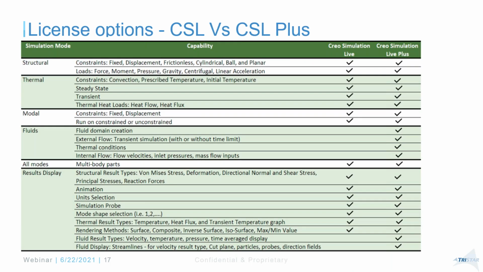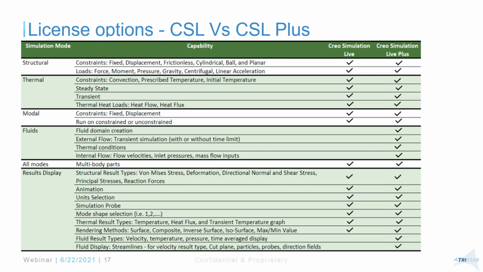Just some of the license options we have. There are two extensions with respect to Creo Simulation Live: Creo Simulation Live and Creo Simulation Live Plus. Creo Simulation Live allows you to do structural, thermal, and modal analysis, right? You want to get the natural frequency, for example, and the mode shapes.